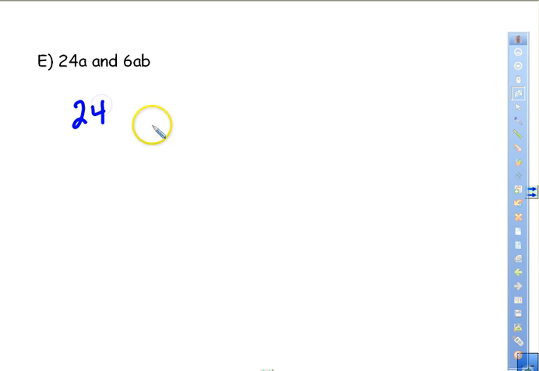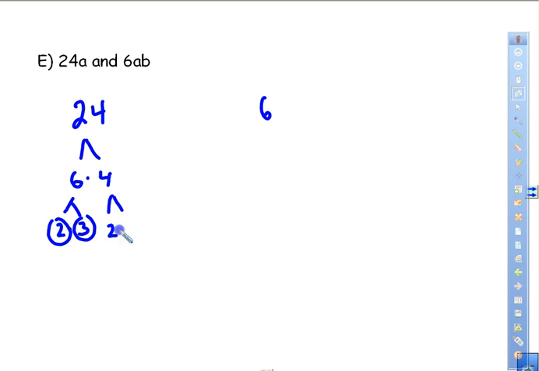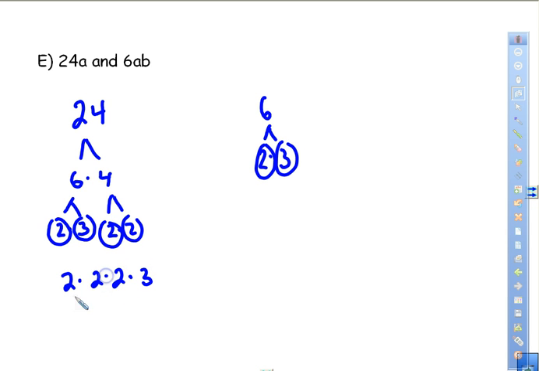So I have 24 and 6, and so I'll go 6 times 4, and then 2 times 3, they're prime, and then 2 times 2, both prime, and then for my 6 I have 2 times 3. And so we'll compare 2 times 3, whoops, I forgot my other 2's in here, and then 2 times 3, so what's common?